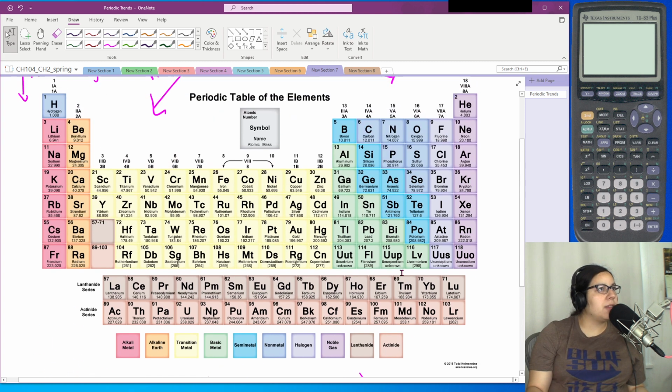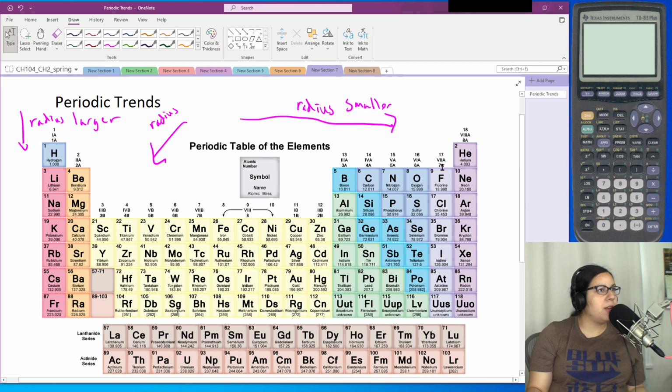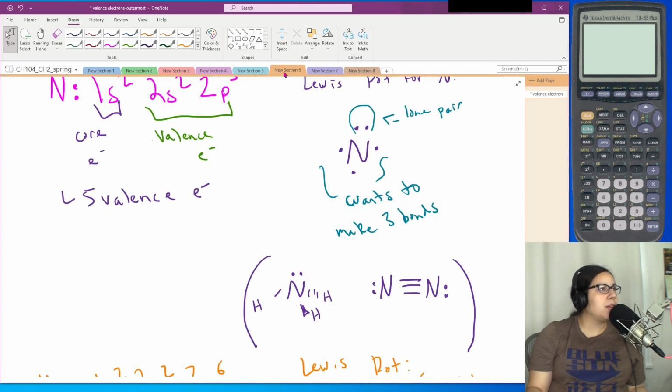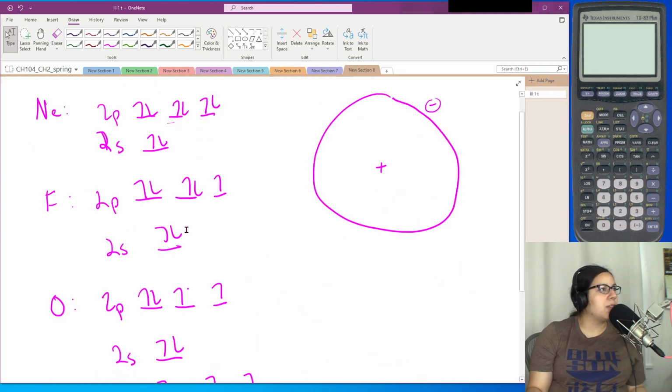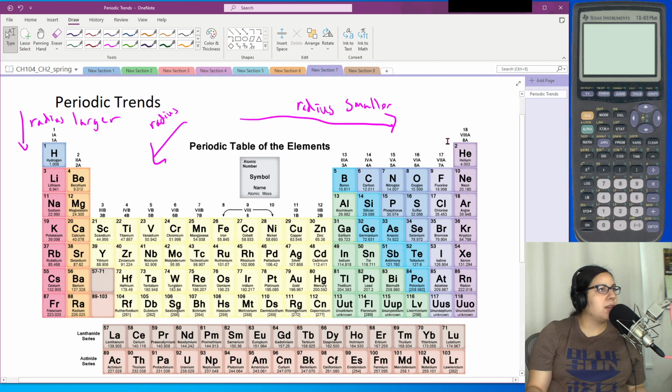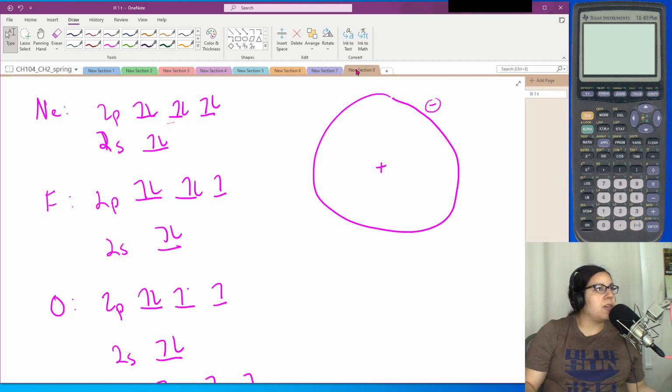And so basically what this means is we have fluorine over here. Let's look at fluorine's Lewis dot structure. So fluorine is just one away from completing its octet. It's also on that second row, so it really feels everything, right? So it really wants that electron.